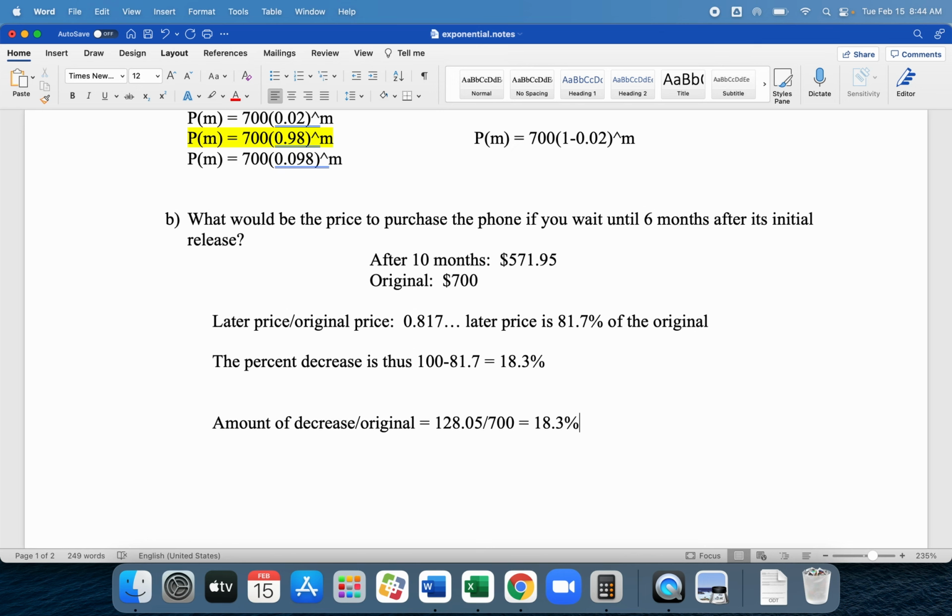It's the bottom of the fraction in the division. But how you find the top number, you can find sometimes the complement of what you want. Just make sure your description makes sense. So when I do later divided by original, or like the 10-month price versus the original price, that tells me what percent the 10-month price is compared to the original. But I can use that to find how much it decreased then.